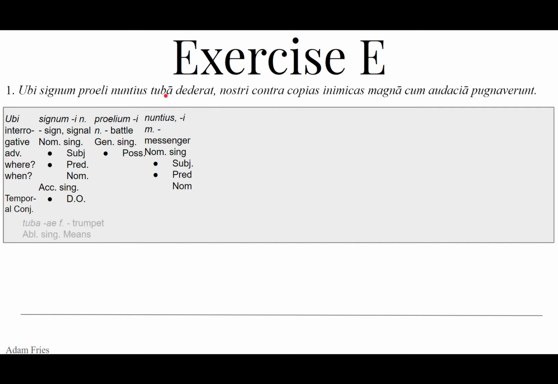Tuba, that comes from tuba, ae, feminine. It means trumpet, not tuba, trumpet. And this form, it's going to be ablative, tuba, with a macron over the A, must be ablative.